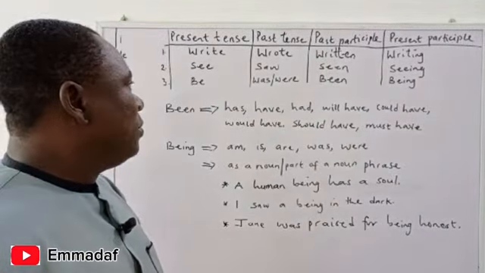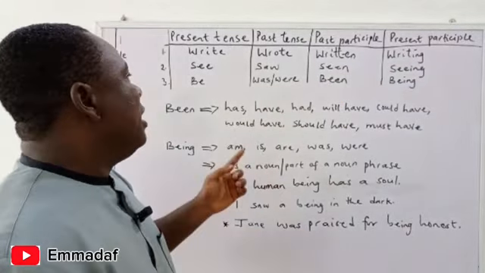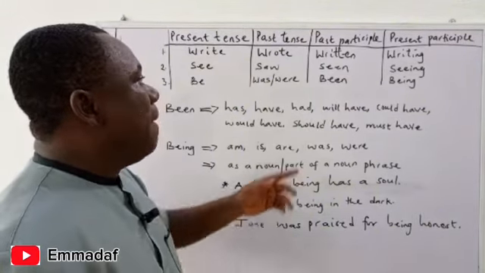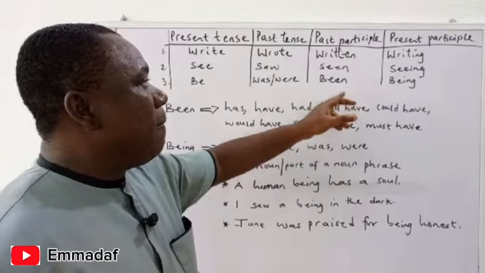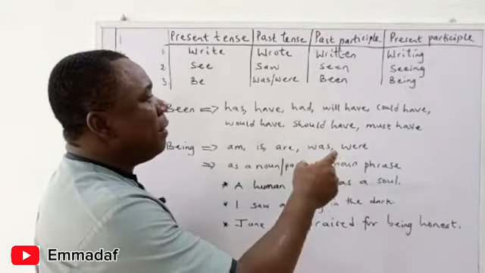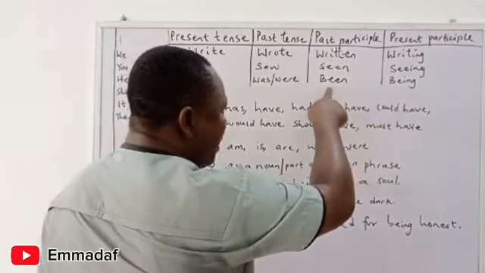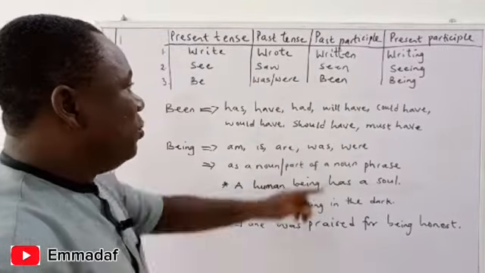For example, I have been here. He has been here. They have been promoted. I will have been promoted. He could have been arrested. So anytime you see any of these auxiliaries, use this.